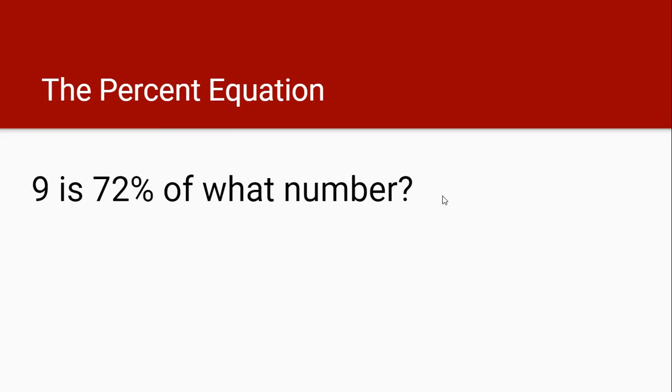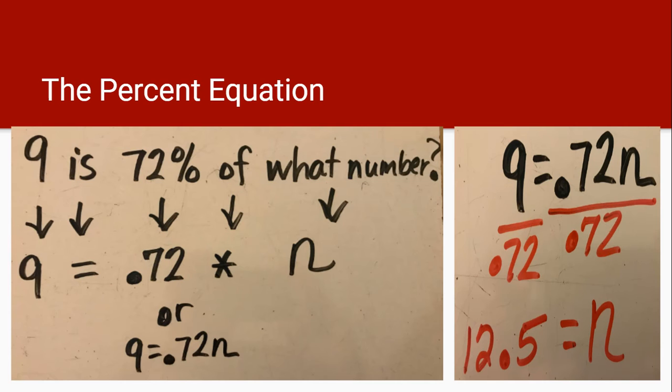9 is 72% of what number? This is what you should have gotten. 9 equals decimal 72 times n, or 9 equals 0.72n. So again, you want to isolate the variable.